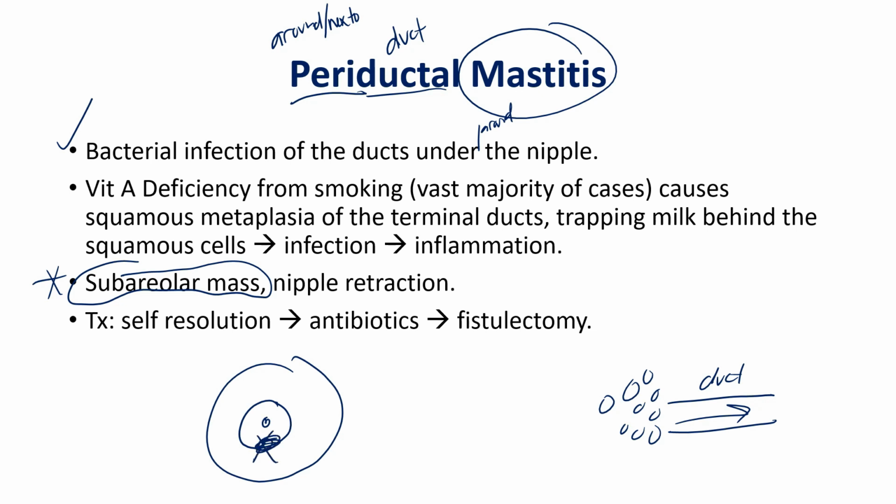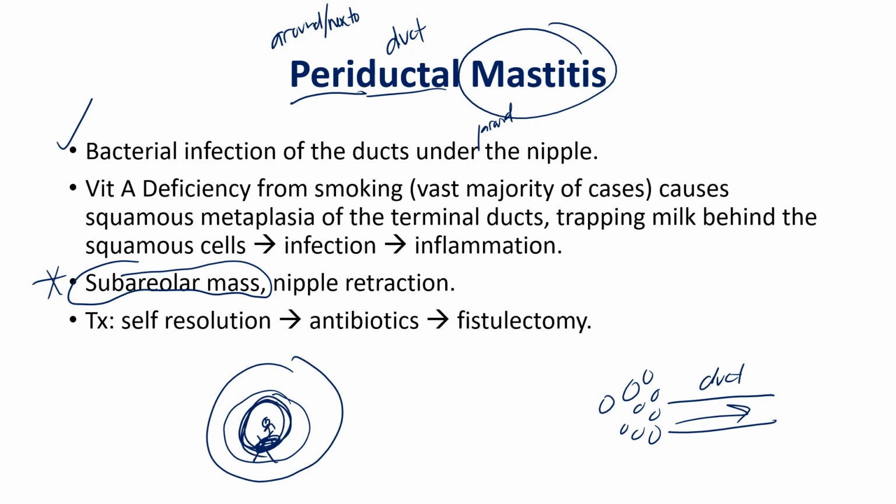That's wrong. You'll see situations of periductal mastitis where it will usually be around it. It's not going to be on the nipple or usually on top of the areola. It's usually going to be somewhere around it, in the surrounding vicinity. But when you see subareolar mass, that's more or less talking about the areola area.